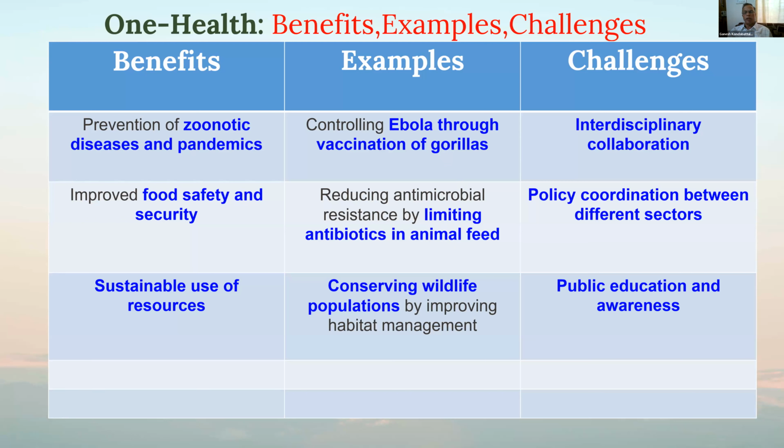Suppose you occupy their habitat, then the animals will migrate; you have seen the example of monkeys coming to civilized places and creating problems. So the challenges are here. There are challenges like interdisciplinary collaboration, policy coordination between the sectors, and public education and awareness. These are the challenges we are facing.